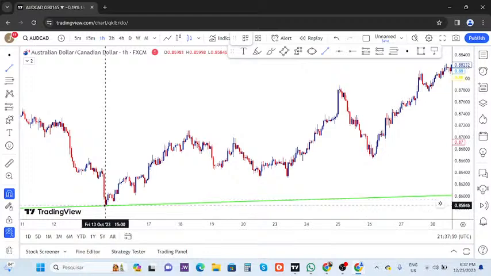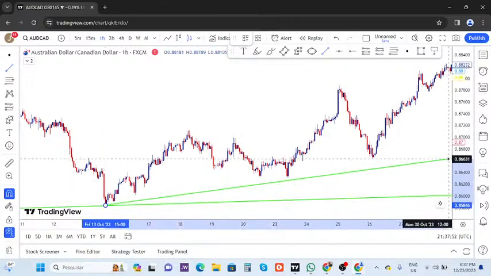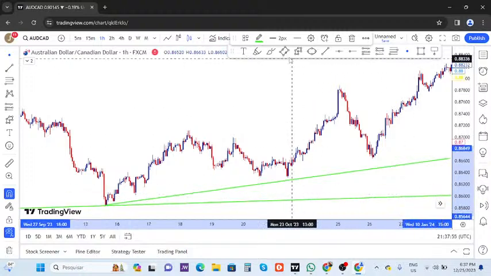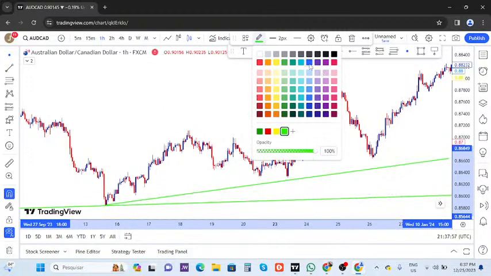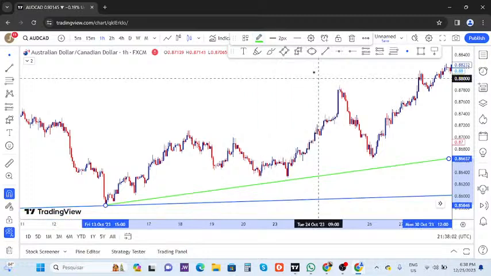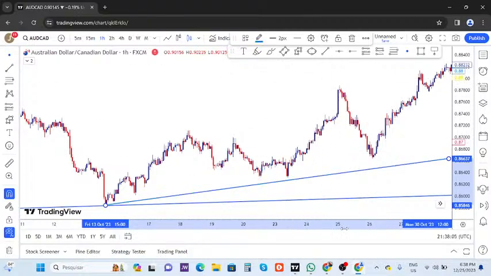All right, so this is the way it goes. Let me change this color, and we didn't talk about the trend line yet. I'm going to be teaching about the trend line so that you guys will know how to draw a trend line properly.